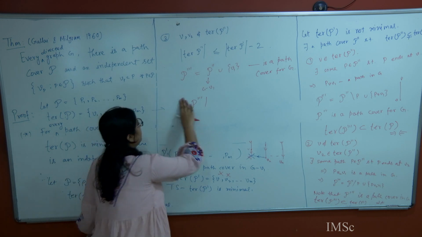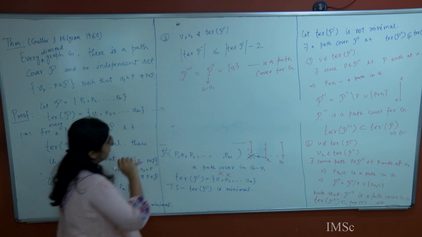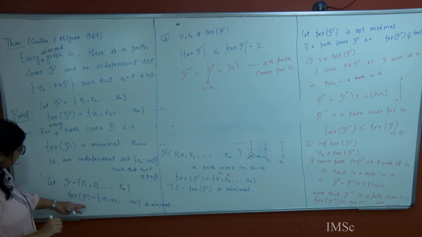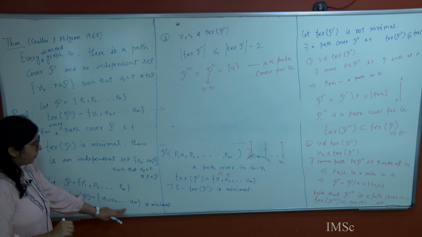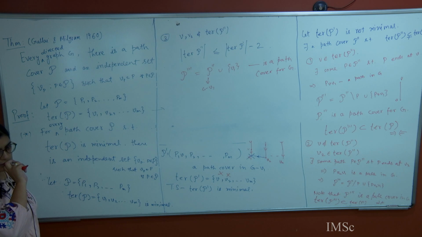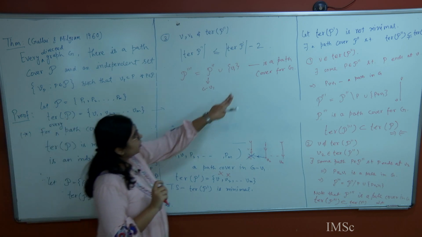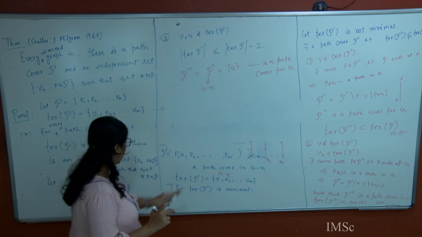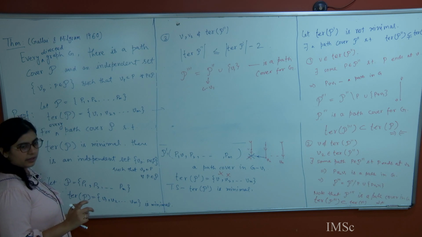Okay, do not look at the cardinality. See, this Terp contains everything. Now, V2 is not there in my terminal set, and I am adding V1, but not V2. So, at least V2 is not there in the terminal set of P triple prime.